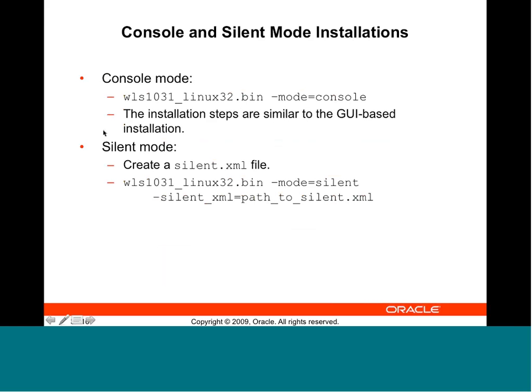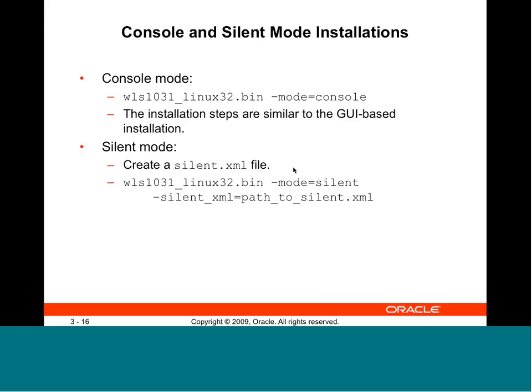Now comes console mode installation. If you see, you have to just go and specify bin -mode console. So now it will not launch that GUI, which is a Swing application. It will ask you on the command line itself. Then comes silent mode, where you don't want an interactive installation. So you create an XML file, and in that XML file, you specify what all you want.